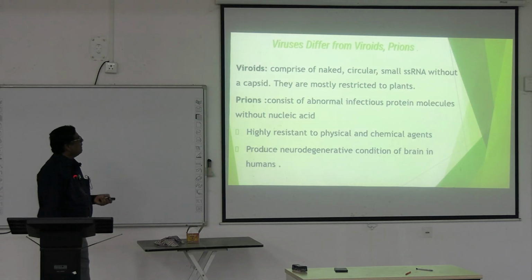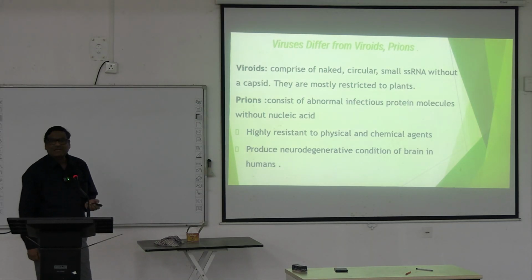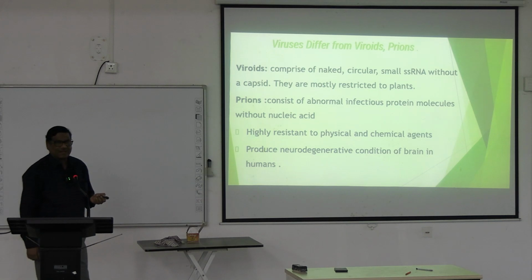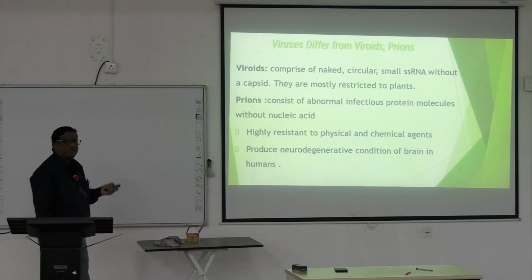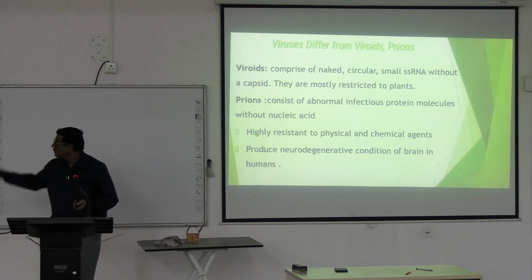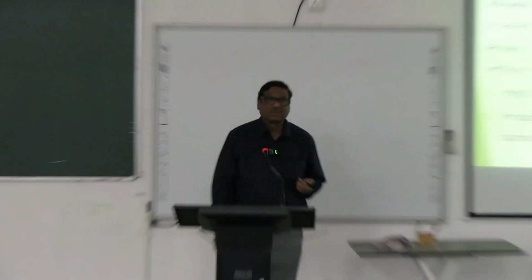Viruses differ from viroids. Viroids are plant pathogens, comprised of naked, circular, small, single-stranded RNA. Prion consists of abnormal infectious protein molecules without nucleic acid, highly resistant to physical and chemical agents.